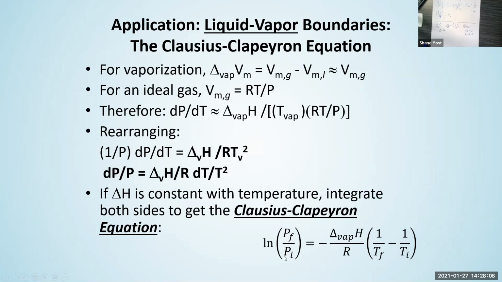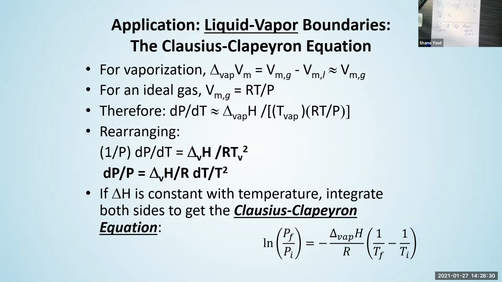I would still use this equation. I would put the change in external pressures here and calculate the change in boiling temperatures here. Because the boiling temperature is related to when the vapor pressure equals the external pressure.